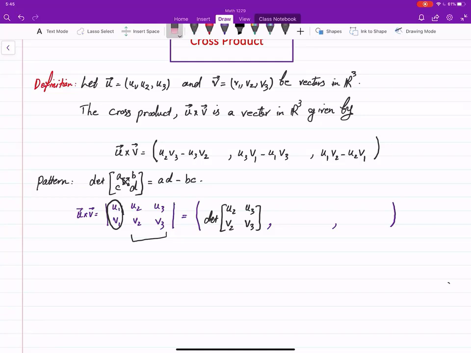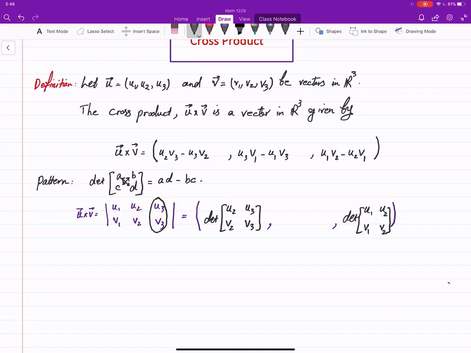The third entry goes similarly. So you ignore the third column. The remaining is a 2 by 2 matrix. Find the determinant of that: U1, U2, V1, V2.